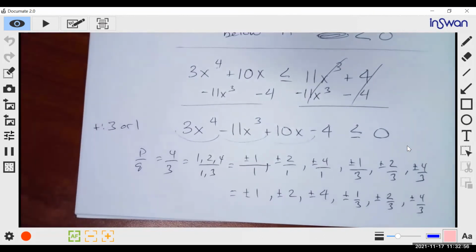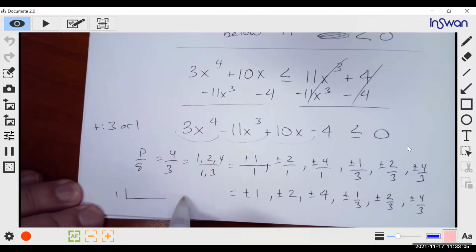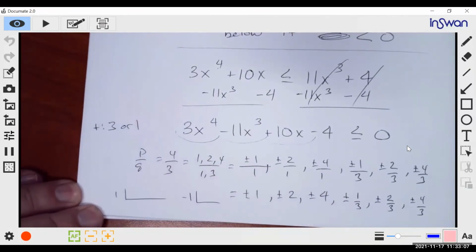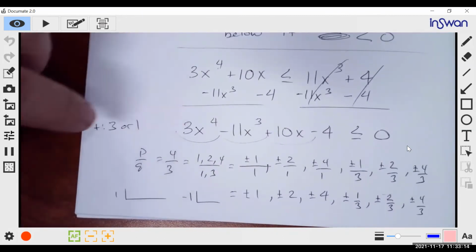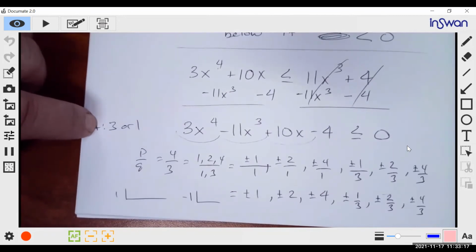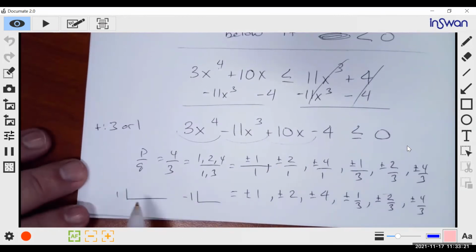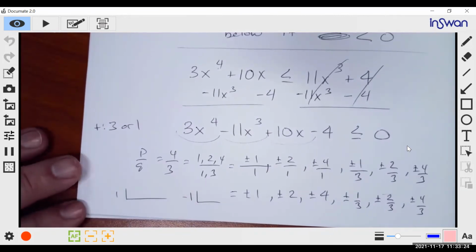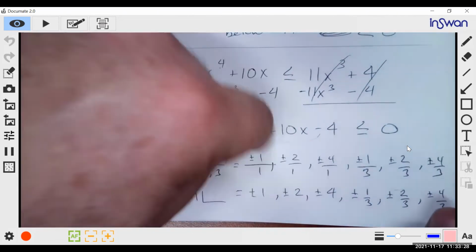That just tells us how many positive or negative answers we're going to have. But in order to find our critical values, we'd have to do synthetic division with positive 1, negative 1, positive 2, negative 2, positive 3, negative 3, and so on. What we just did here, the Descartes rule of signs, tells us how many positives or negatives we're going to have. But to find the actual ones, we have to do synthetic division. But that would take us too much time. We actually did that a long time ago.